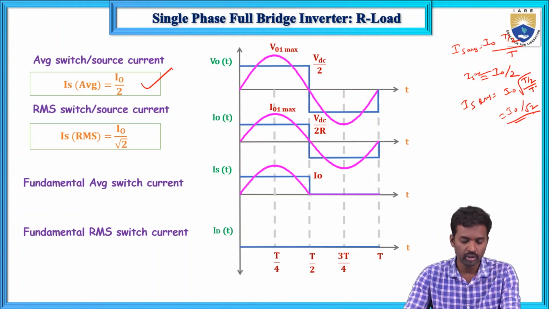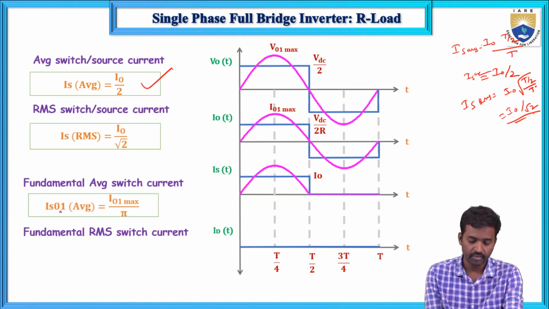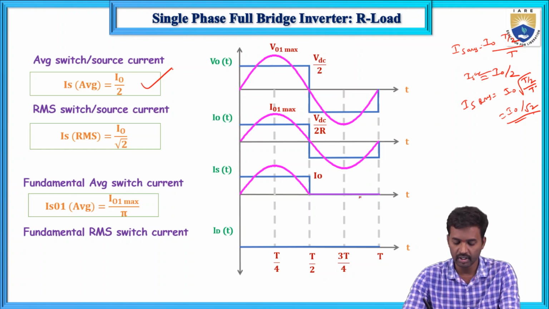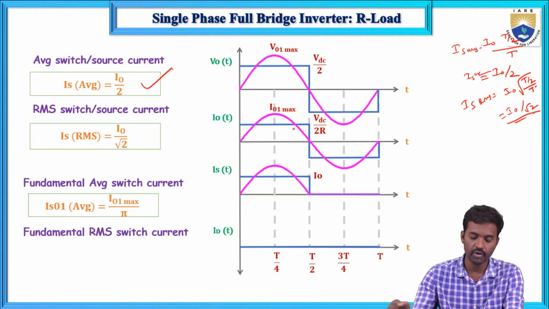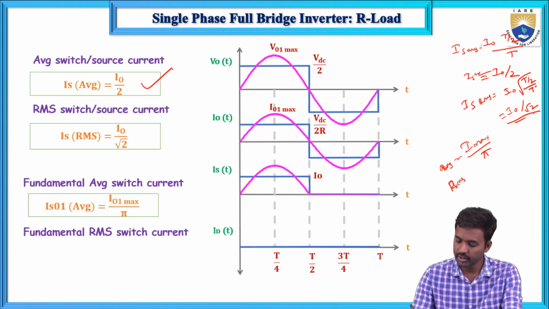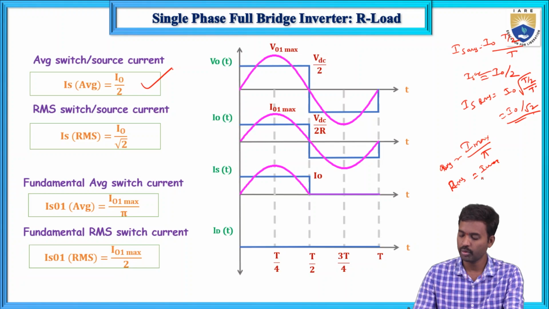And next, what about the fundamental average switch current? How will we calculate this one? That equals IS01 average value. Here we are getting a half wave rectifier output, and for a half wave rectifier the average value equals I maximum divided by pi, and the RMS value equals I maximum by 2.